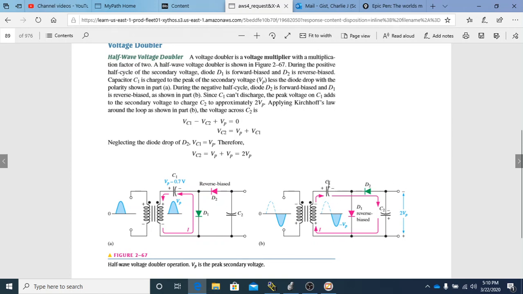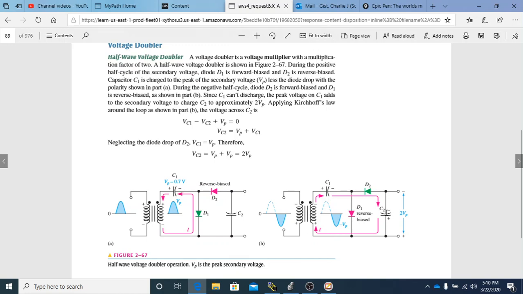Since C1 right here can't discharge, the peak voltage on C1 adds to the secondary voltage to charge C2, which is here. So when it goes to the negative part of the sine wave, this one right here can't dissipate. So all it's doing is taking what it has in charge and adding to this one.